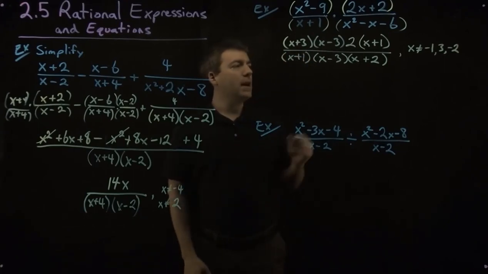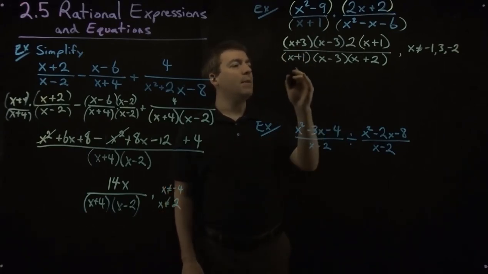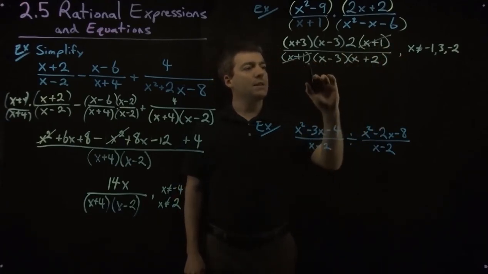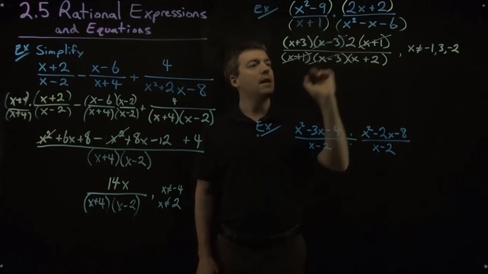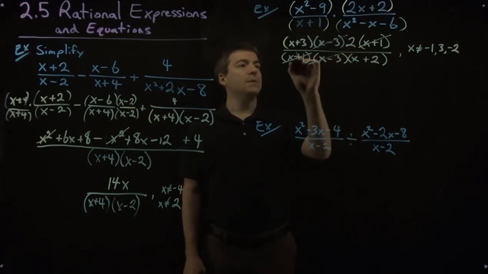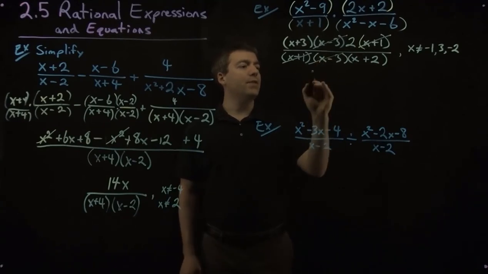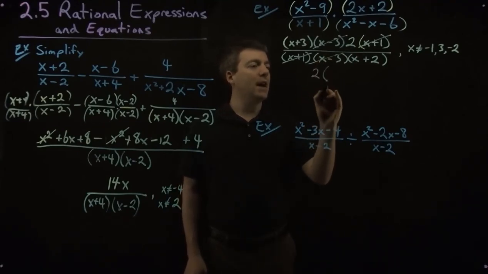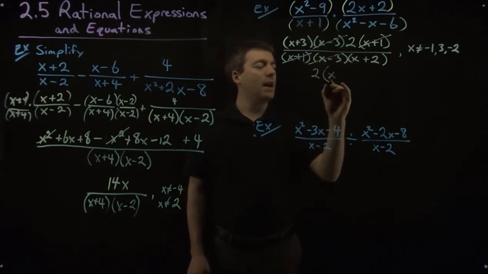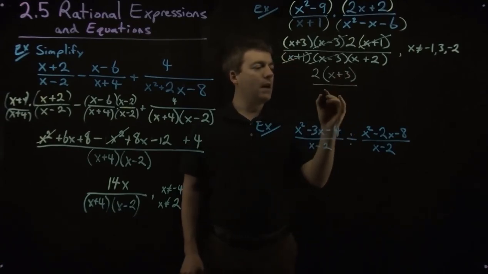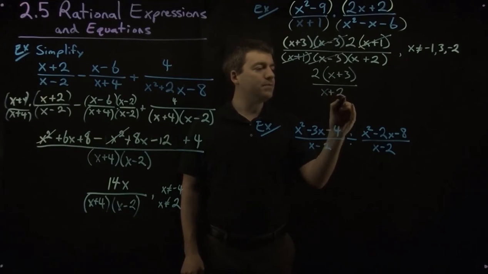All right, now let's cancel common factors. We saw an x plus 1. It's out. X minus 3. x plus 3, 2, and x plus 2. Nothing else. All right, so we have 2 times x plus 3, just going to write the 2 first, over x plus 2.